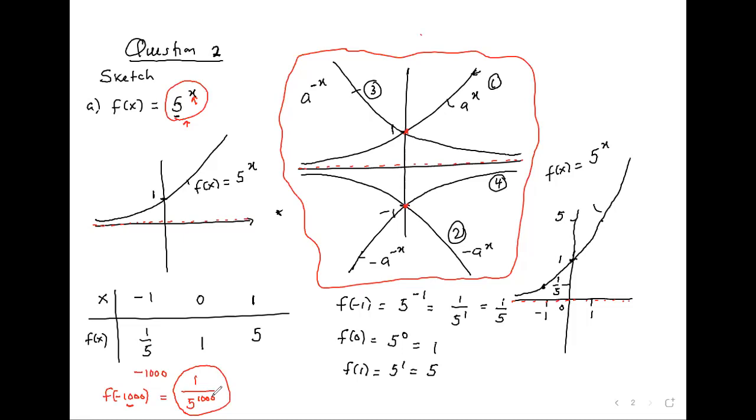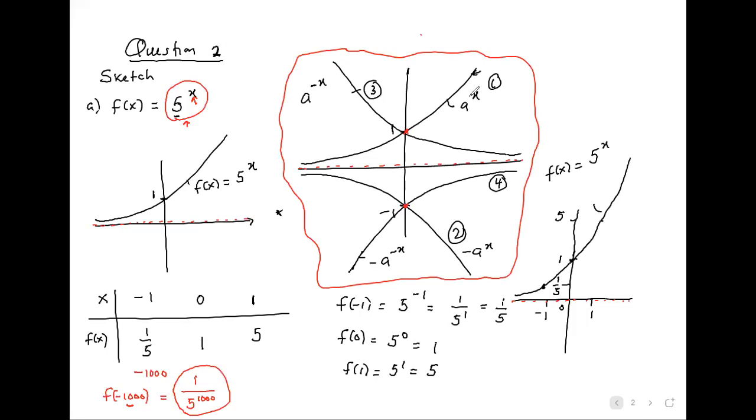I'm here to give you a general form now, so that you can answer B. So the general form for exponential functions is A plus B to the power x.